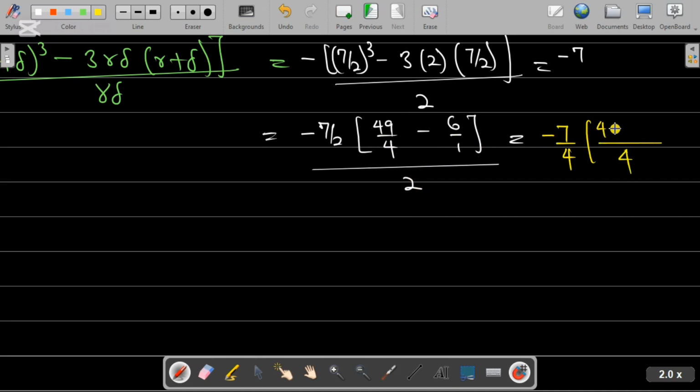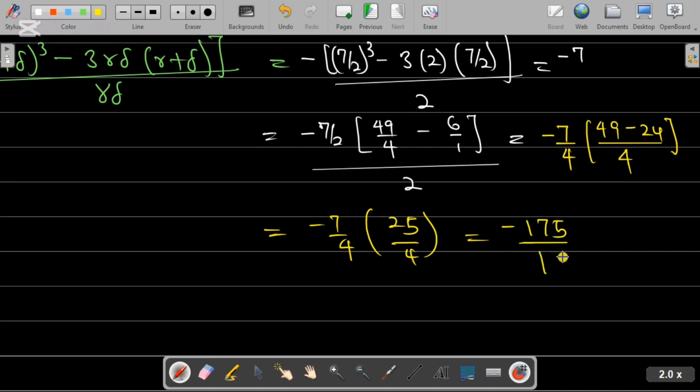This will give us 49 minus 1 times 24. And then that will finally be equal to minus 7 over 4 into the bracket of 25 over 4. By the time we do this multiplication, that will give us 7 times 25, which is 175, all over 4 times 4, which is 16. So this is our sum.